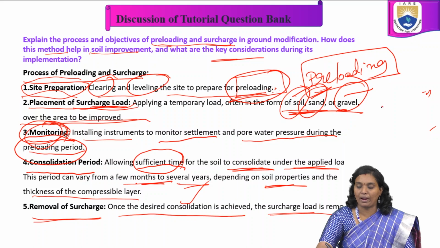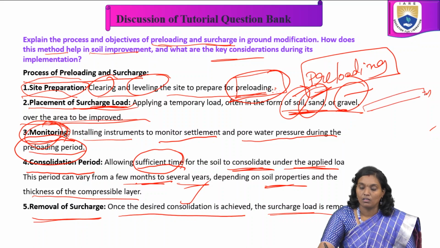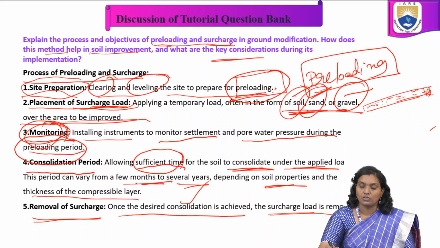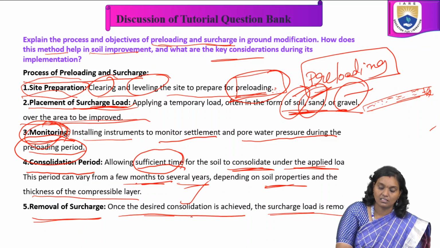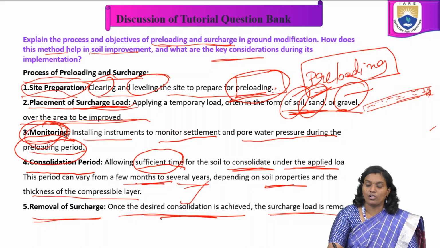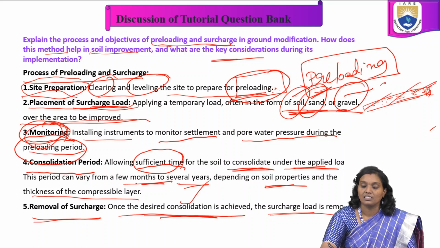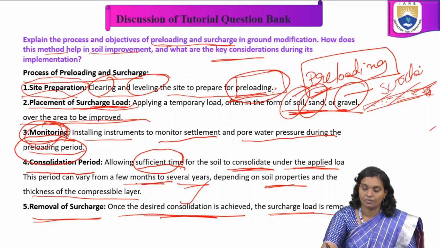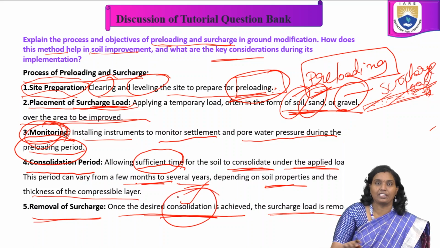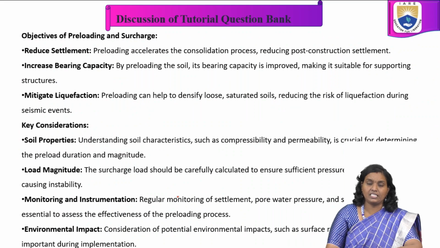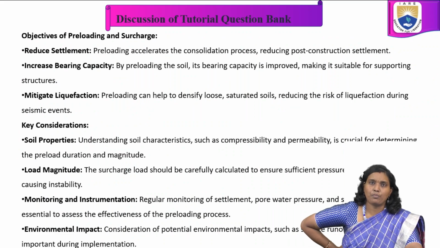First we apply the excess, which depends on the thickness and on whether it is sand, soil or gravel. After getting the consolidation, we remove the excess surcharge load. This is the process.